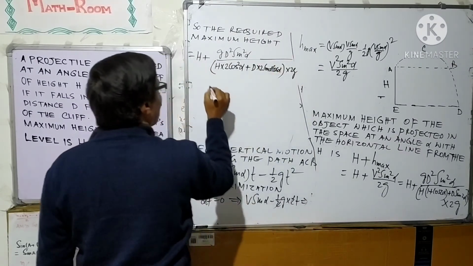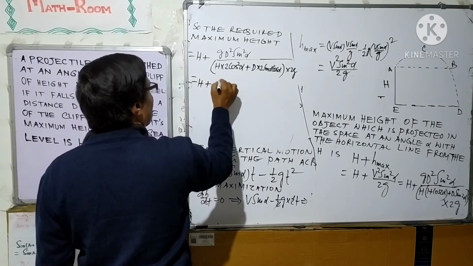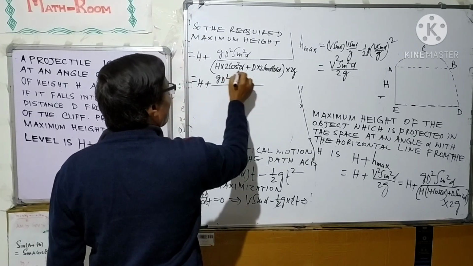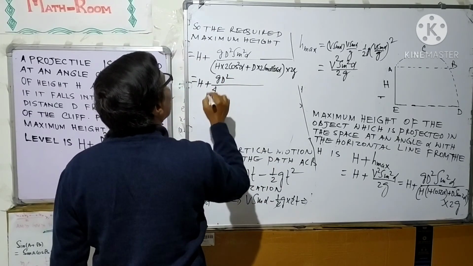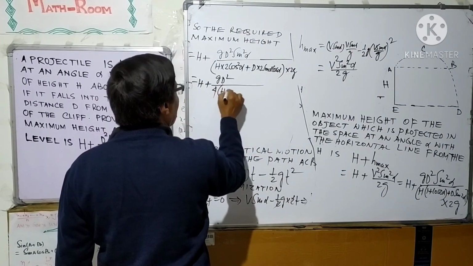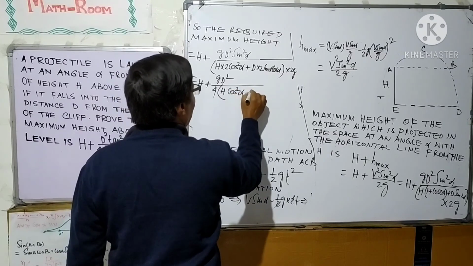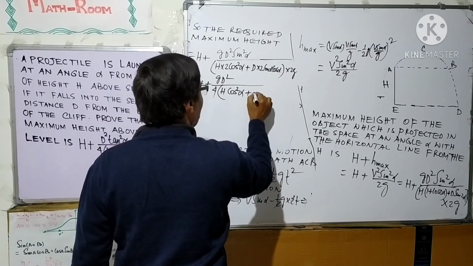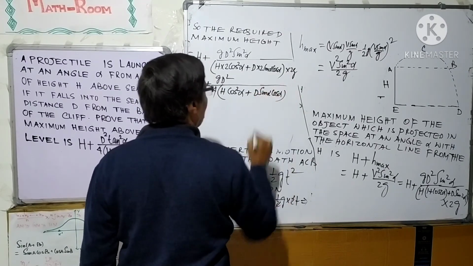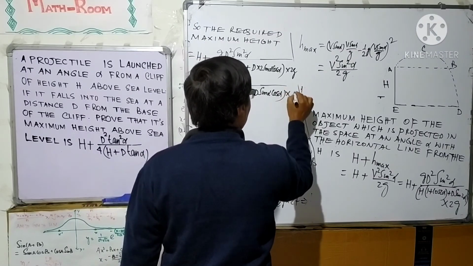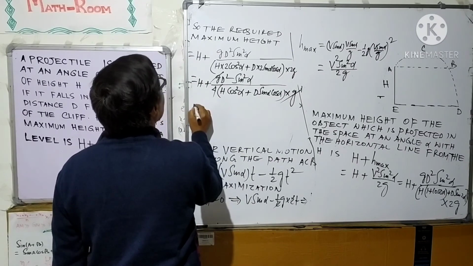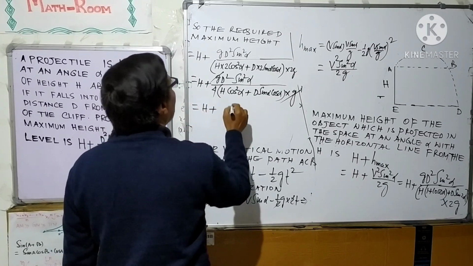So h plus g d square over 4 into h cos square alpha plus d sin alpha cos alpha into g, and g is also cancelled out. So this is equal to h plus d square.